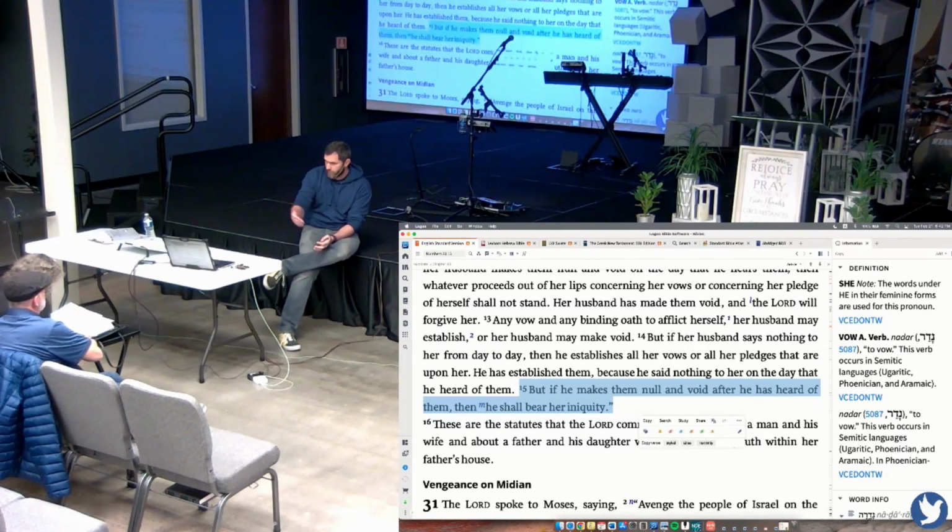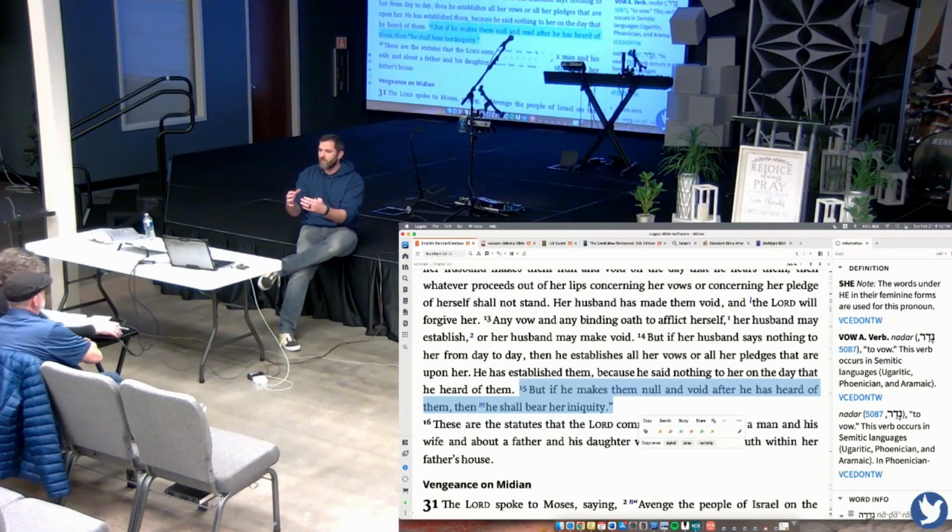And so what verse 15 says is, if he, her husband, makes her vow null and void after he has heard of it, then he shall bear her iniquity. So I think what's going on here is this is really justice for women. It's really the idea of taking a group of people who, because of the culture that they live in, are easily taken advantage of, and providing an opportunity for them to be provided for.